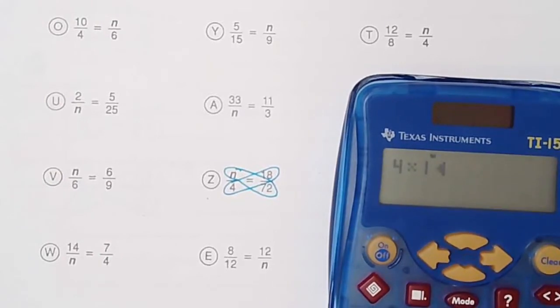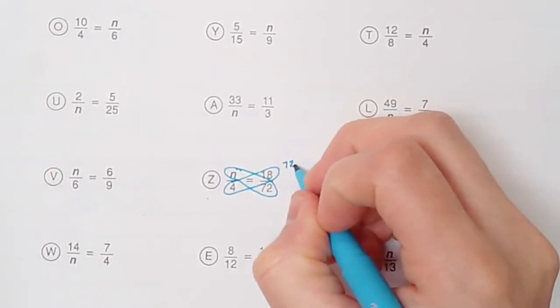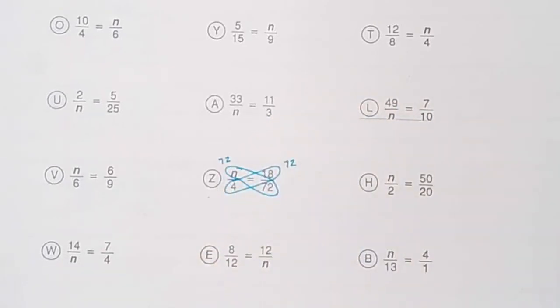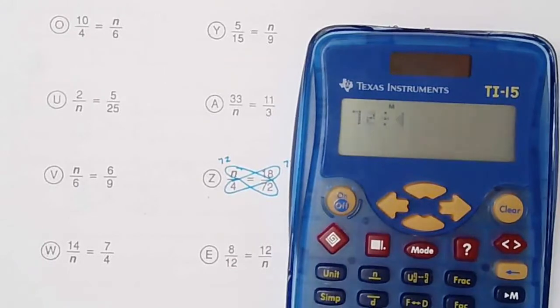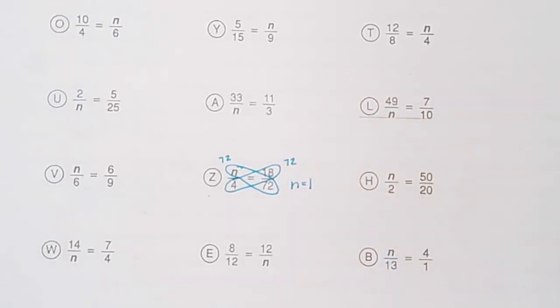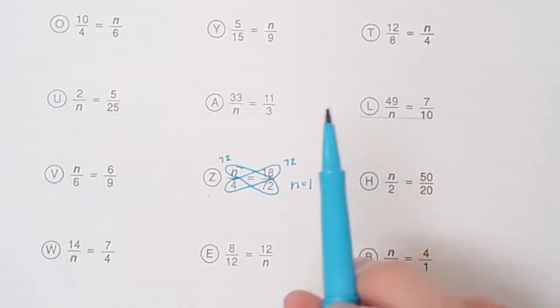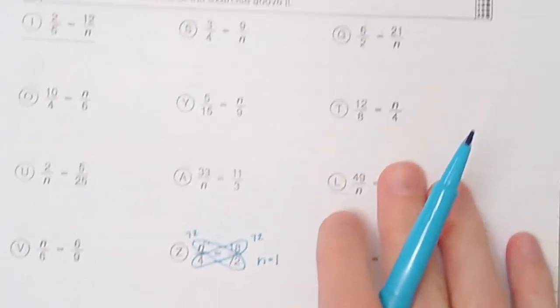All right, so then you do 72 divided by 72, because that's the number I haven't used yet, and obviously I get 1. So n equals 1. So then what you would do is you would come up here, find a 1, which is right here, and I'm going to put a Z because that was the letter that went with it. I don't see any other 1s.